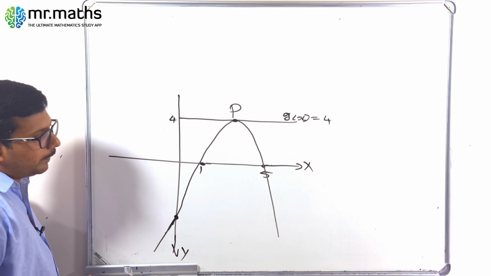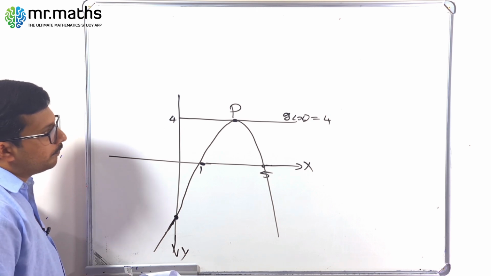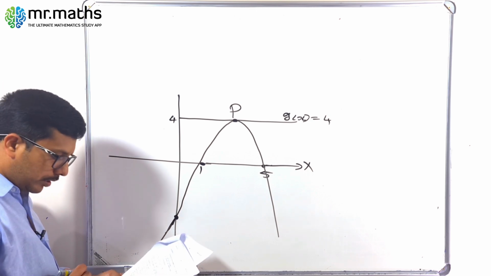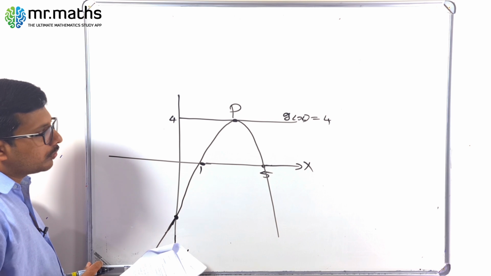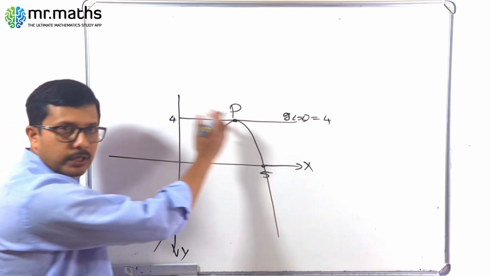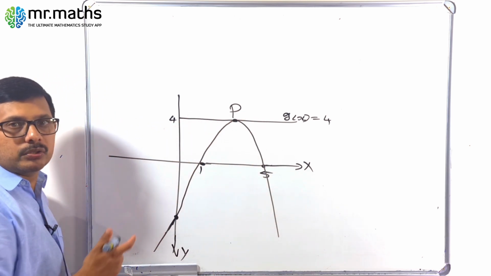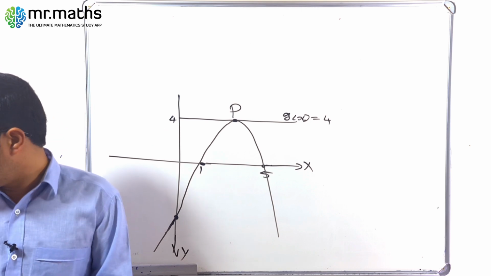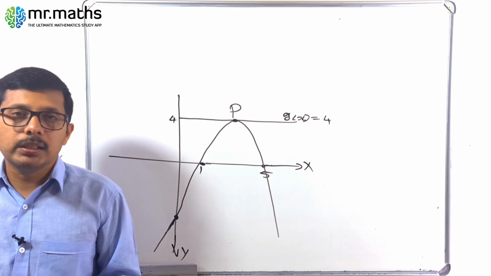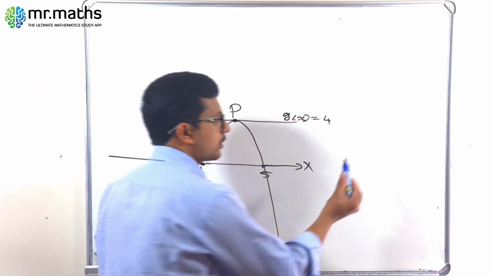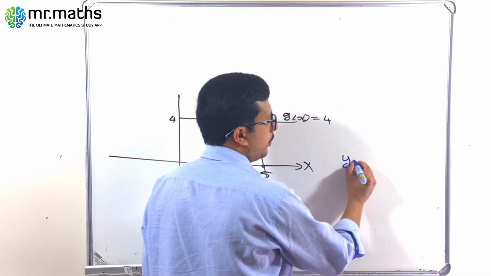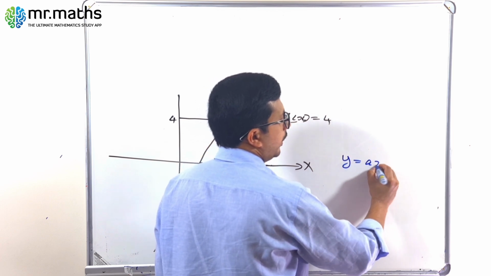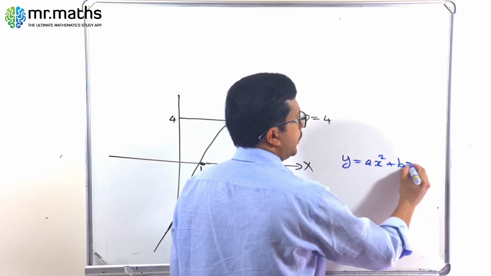So here, how can you find the y-intercept? This is a quadratic, parabola is a quadratic equation. So for a quadratic equation, you know 3 different general formulas. What are the 3 different formulas? y is equal to ax square plus bx plus c.